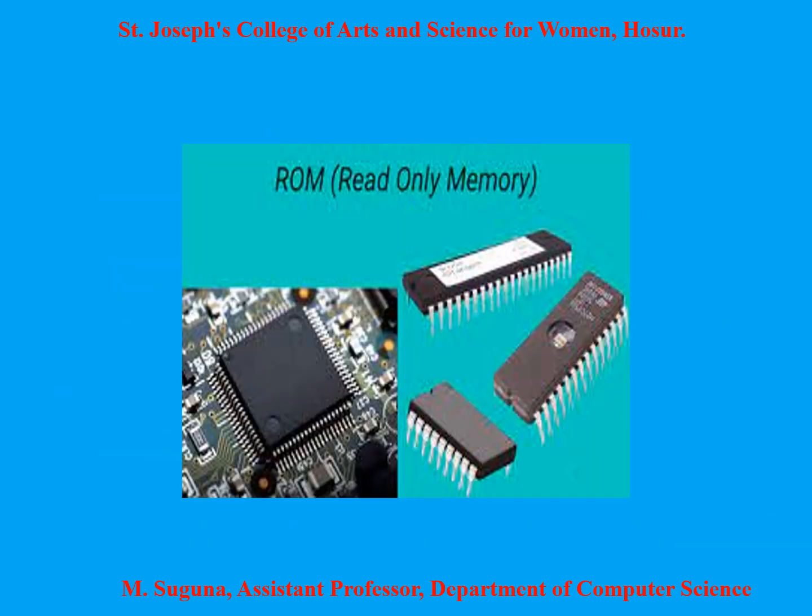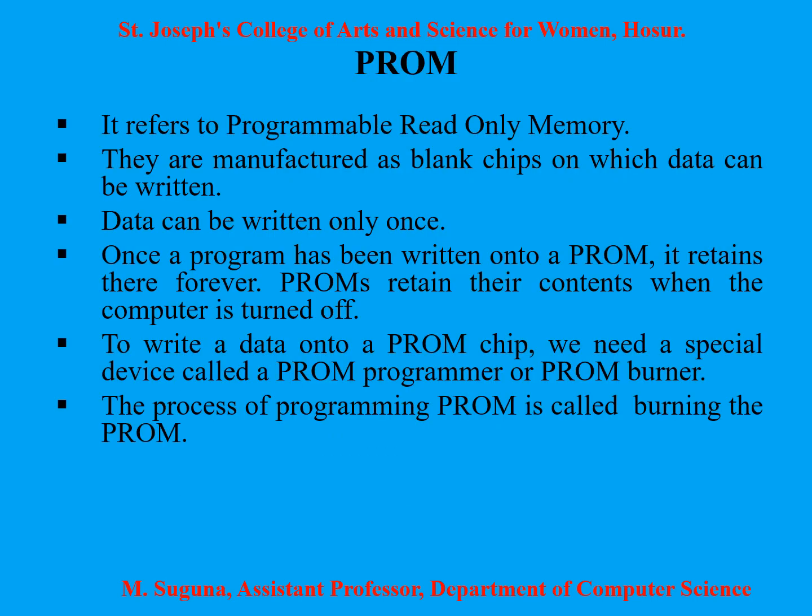See in the diagram, we can see the ROM, that is read-only memory. It looks like this inside the computer. Next, let us discuss in detail PROM, that is programmable read-only memory. They are manufactured as blank chips on which data can be written. Data can be written only once.